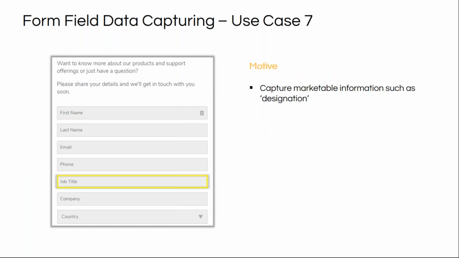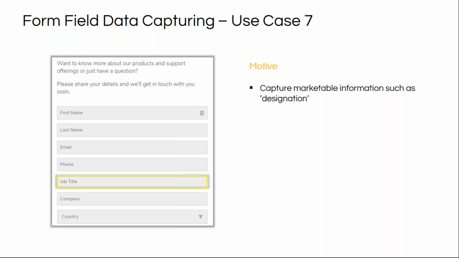Another example would be, let's say we have a form where we capture visitors' designation as well. Another tracking implementation is that we can also populate custom dimensions with available data that people fill in through forms.